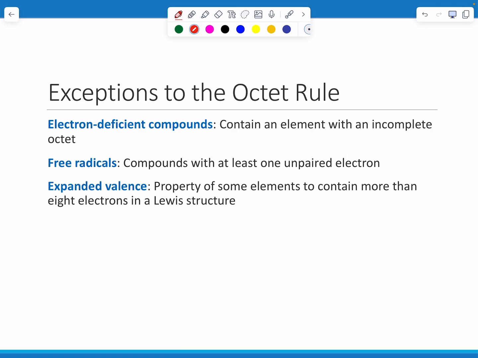First, there are electron deficient compounds, which have an element with an incomplete octet. Then we have free radicals, which have at least one unpaired electron. This is things like molecules with an odd number of electrons.